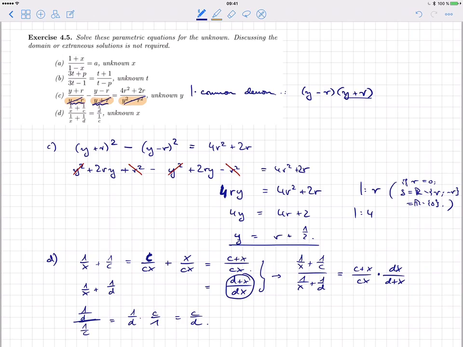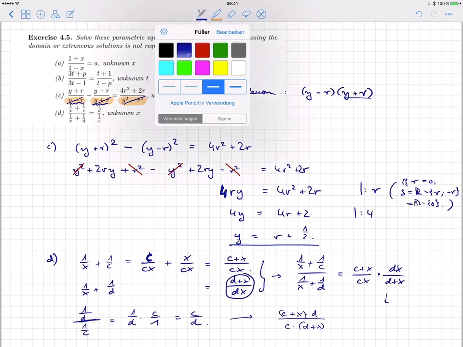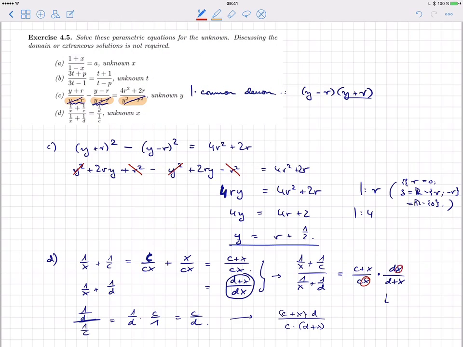So we get the equation c plus x times d over c times d plus x, where I have already reduced with x.